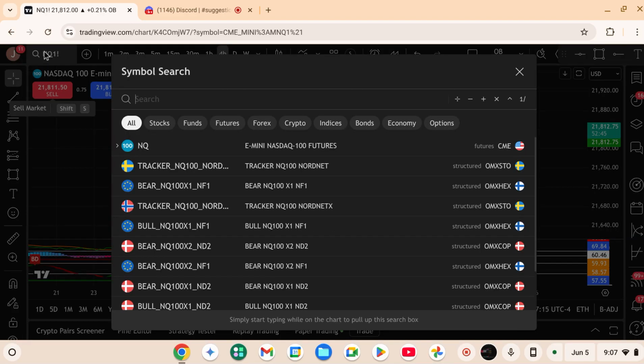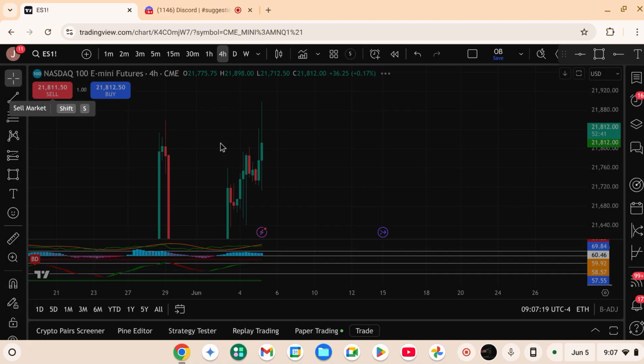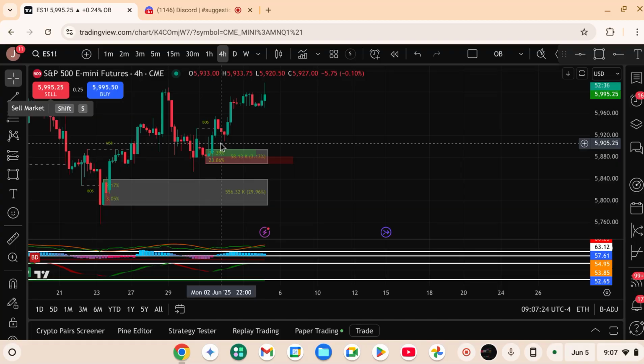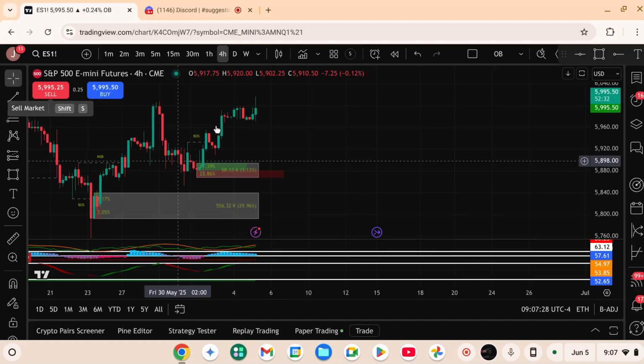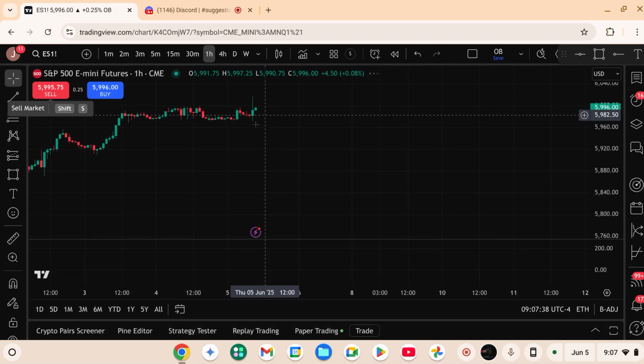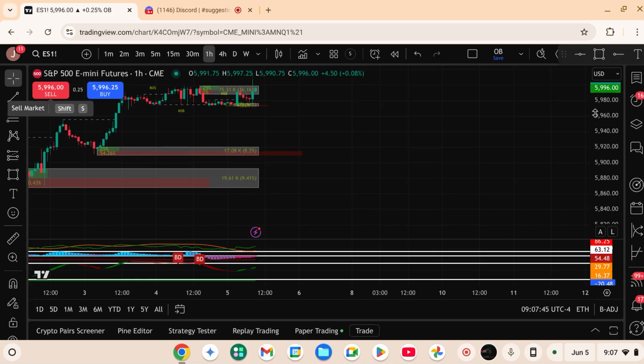Let's look at ES. ES looks choppy. You got double wicks, doji candle. Anytime you see a candle that looks like this, if you're on regular candles, it's a doji candle. You don't want to trade in between this. And look how close price is in between the order blocks.